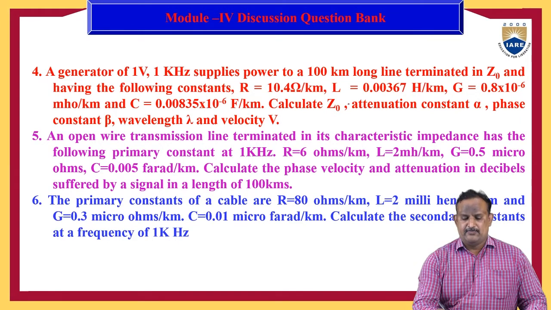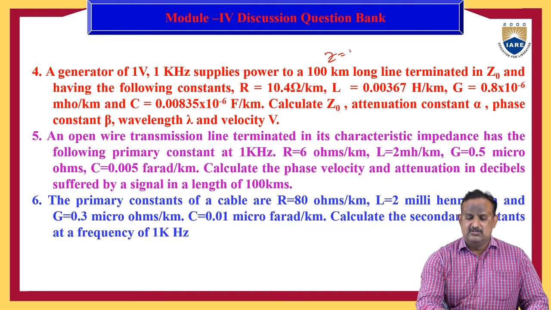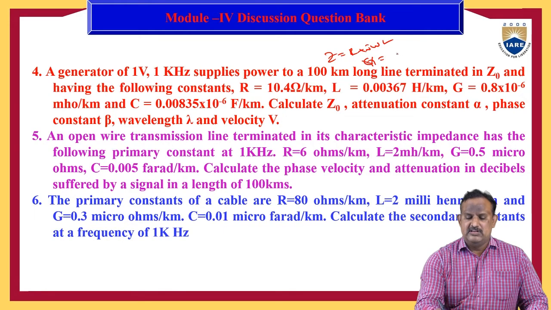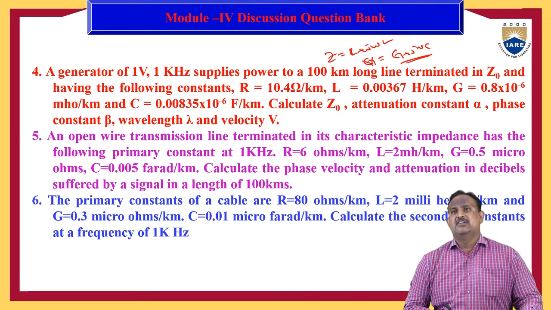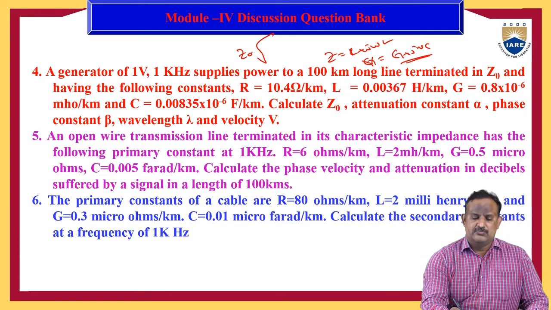First of all, write the expression for the impedance Z equal to R plus j omega L. Write the Y value, Y is equal to G plus j omega C. By using Z and Y, we can find the Z0 value, Z0 equal to root of Z by Y.